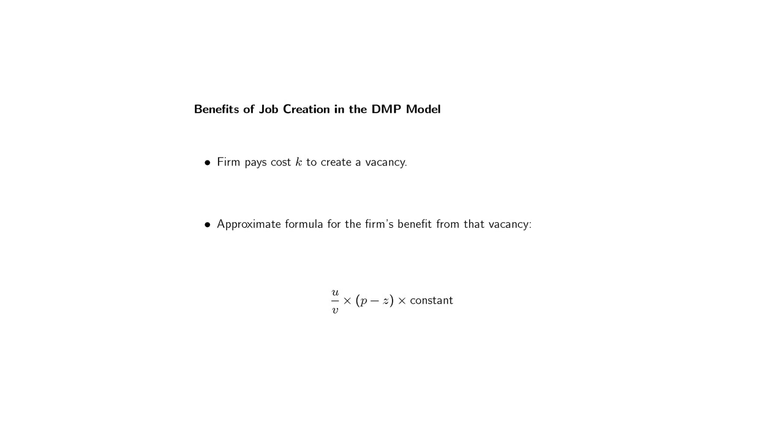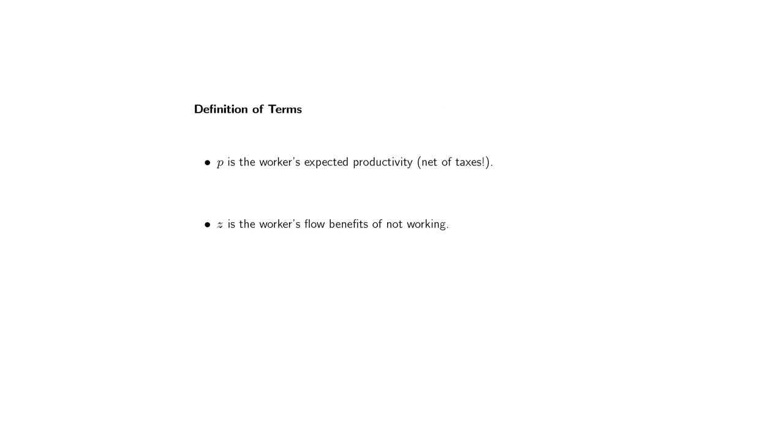It's the U over V ratio times P minus Z, and I'll have to tell you what P minus Z is in a moment, times some constant term you don't need to worry about. If you're used to working with this model, this version of the formula might not be familiar to you. It's an approximation that works well for standard parameterizations. I have some technical notes online if you want to see how you get to this formula. So what are the definitions of terms in this?